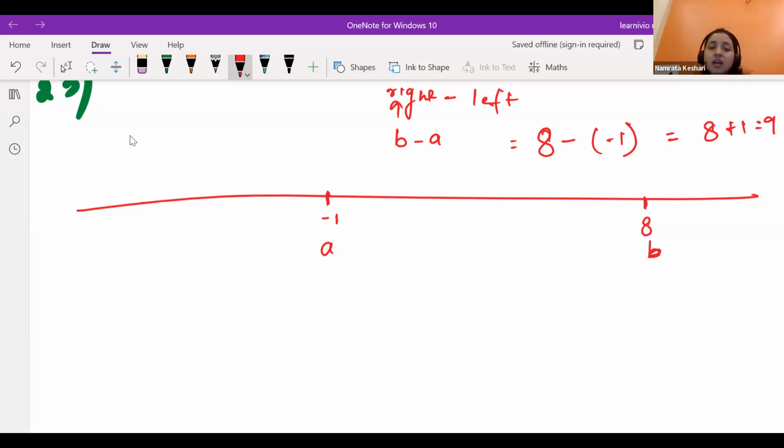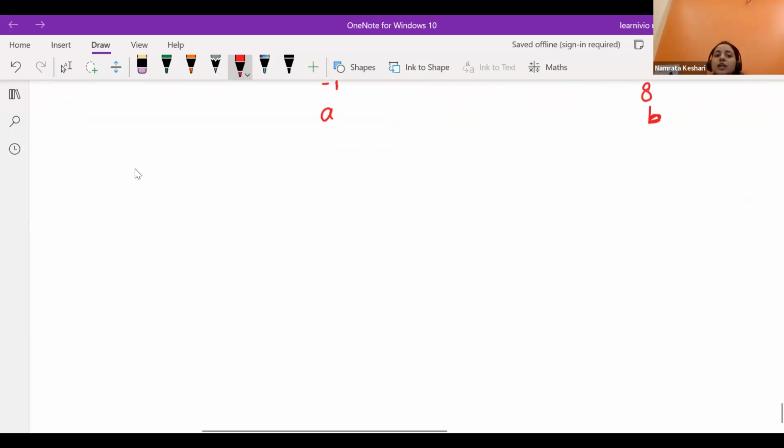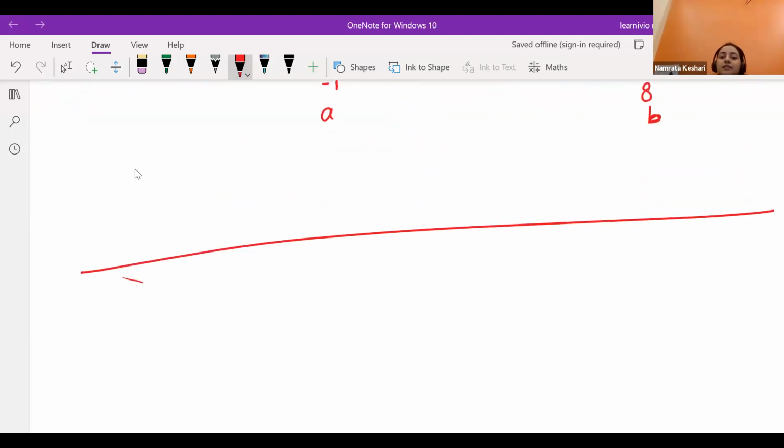Is it 9? If you are not sure, let me give you a basic example so that you will be able to relate. Let's go and find the distance between 2 and 5. I said to you there exists a formula which says that if you need to find the distance between these two numbers, then you have to do the right number minus the left number, and it will give you the distance between the two.